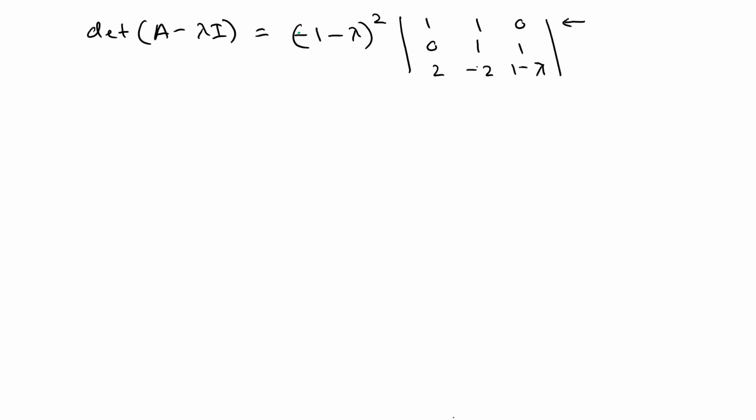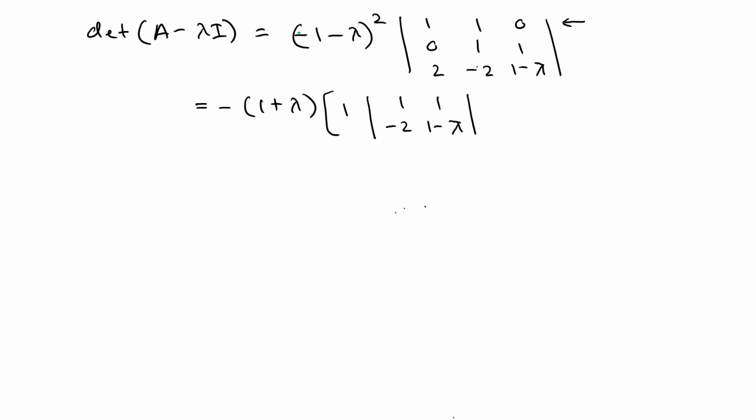If you expand from the first row, you're going to get minus 1 plus lambda squared, because this is a square, so the negative sign we can ignore. Then the expansion is 1 times the minor, which is 1, 1; -2, 1 minus lambda.